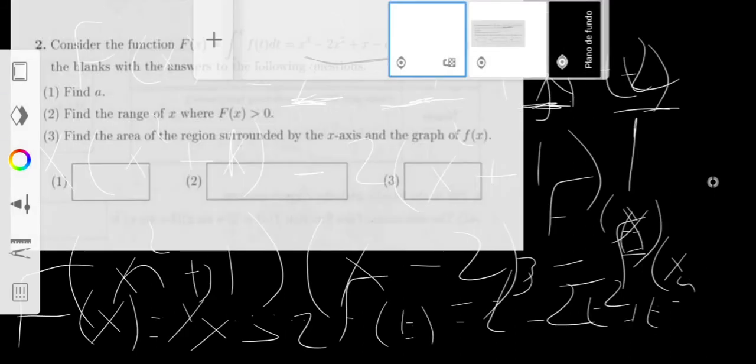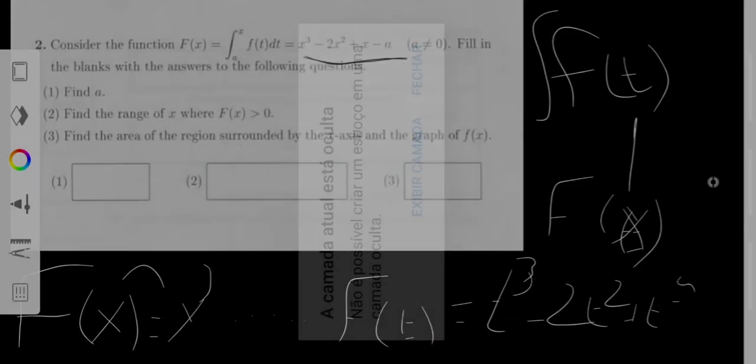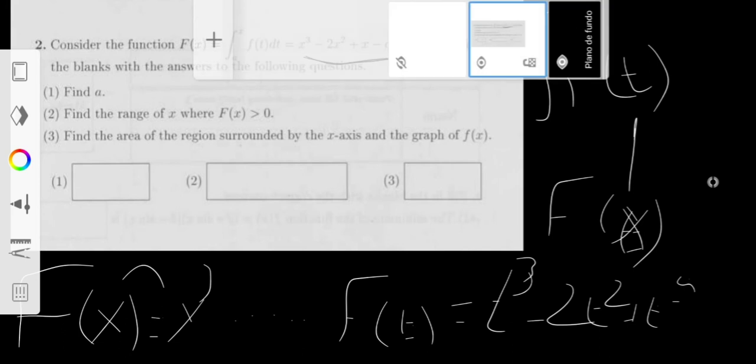So let's see the third one. The third one is asking, find the area of the region surrounded by the x-axis and the graph of f of x. So do you remember what was f of x?